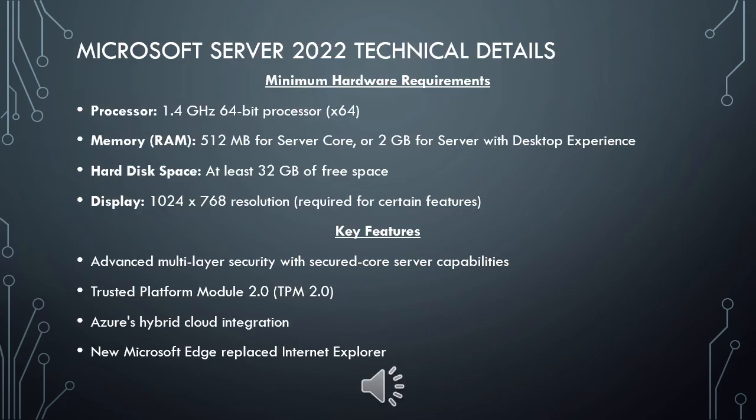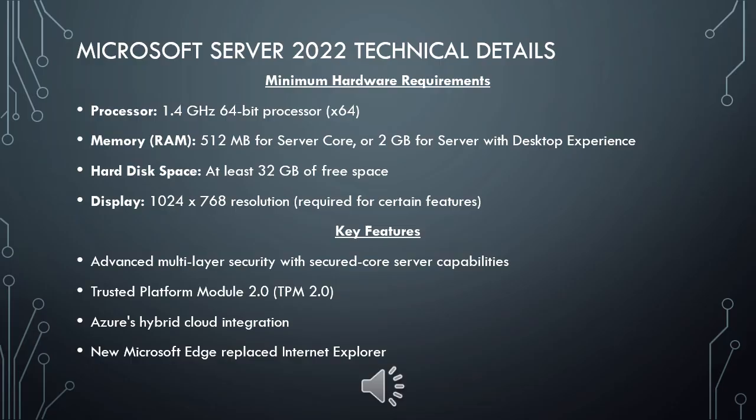Moving on to our next slide. Now let's go over the minimum hardware requirements and some key features for Microsoft Server 2022. For the minimum hardware requirements, first the processor should be 1.4 gigahertz, 64-bit.